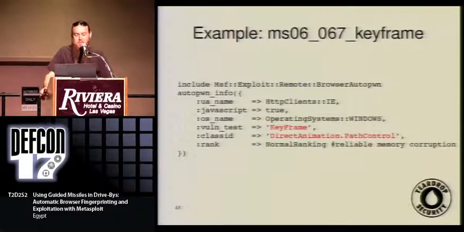Here's an example with an ActiveX control, the venerable MS06-067 keyframe, which pioneered the heap feng shui technique by Alexander Sotirov. That guy's a pimp. But the vulntest here is a method in that ActiveX object, and the class ID is the class name.